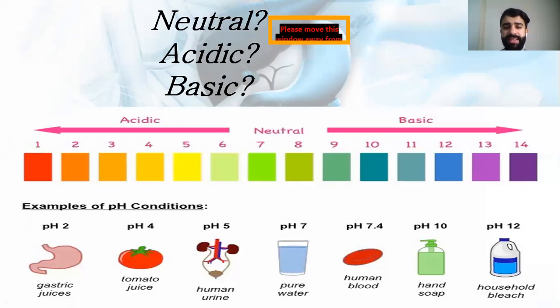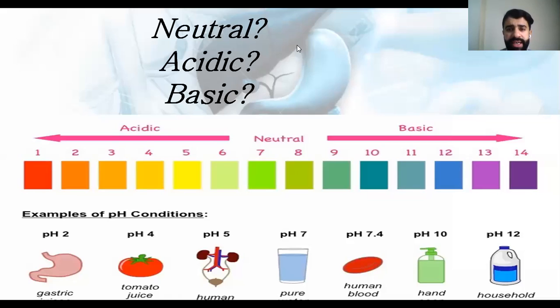So let's remember together what is neutral, what is acidic, and what is basic. Neutral, we said, is approximately pH 7. What do I mean by approximately 7? It's not always exactly 7. It is exactly 7 whenever we have water, for example.